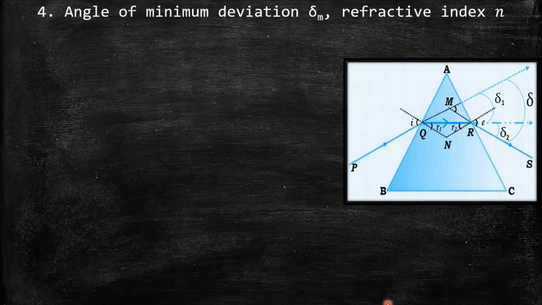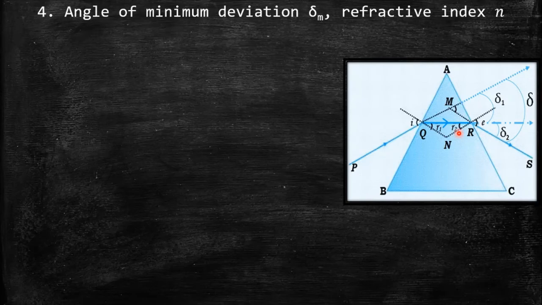So we just now studied that delta is going to be delta m when I will be equal to E and when R1 will be equal to R2, right?